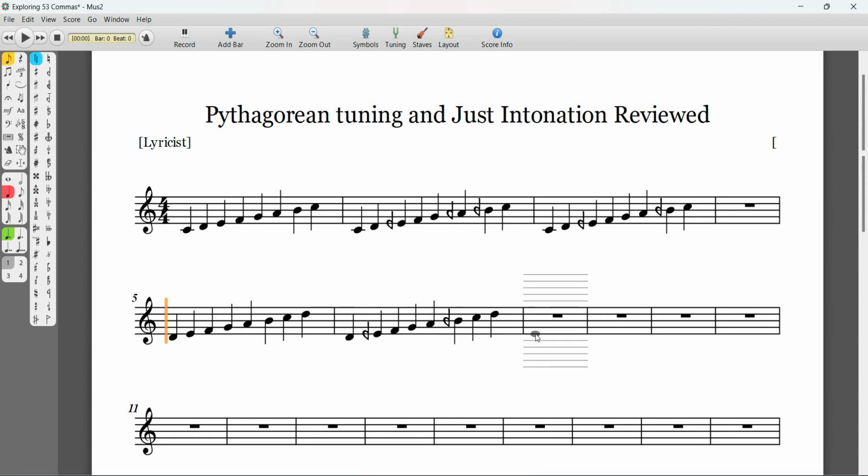We can also get, for example, a just minor third here. Instead of Pythagorean minor third, we can get it like this, by going 1 comma up.